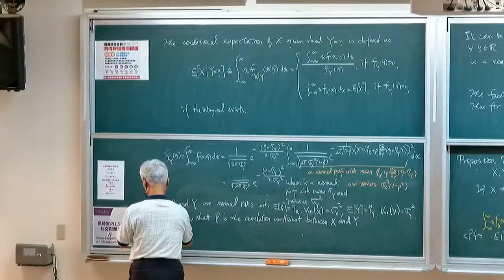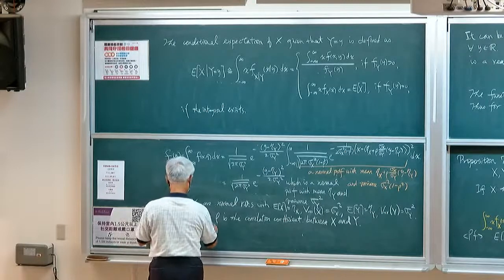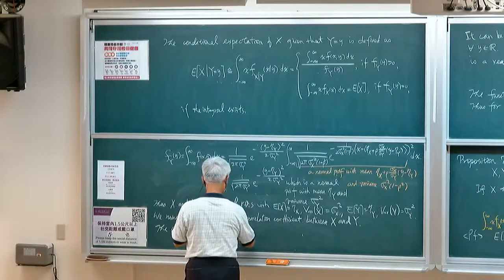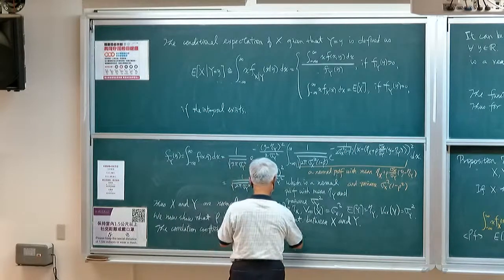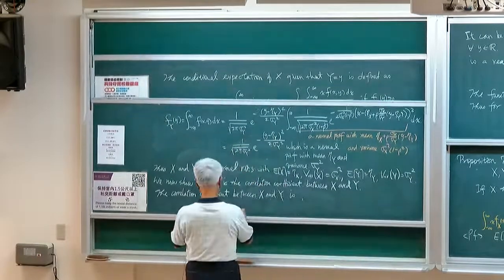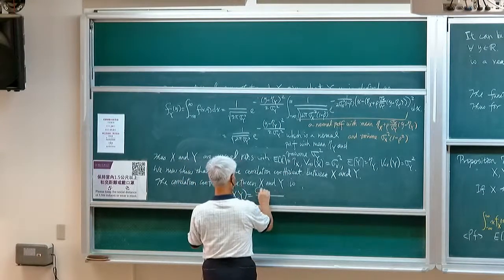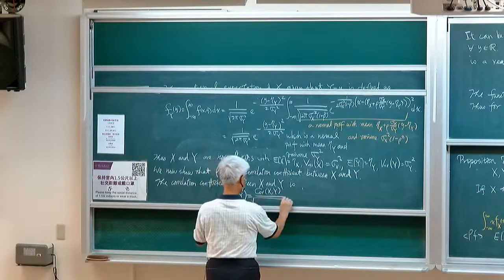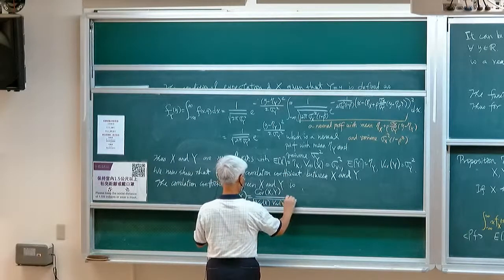The correlation coefficient between x and y, by definition, is the covariance of x and y divided by the square root of variance of x times variance of y.